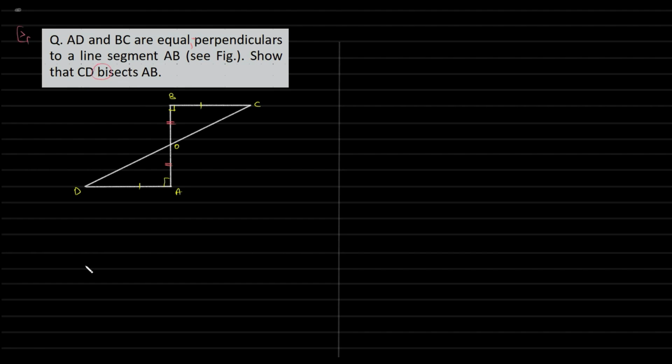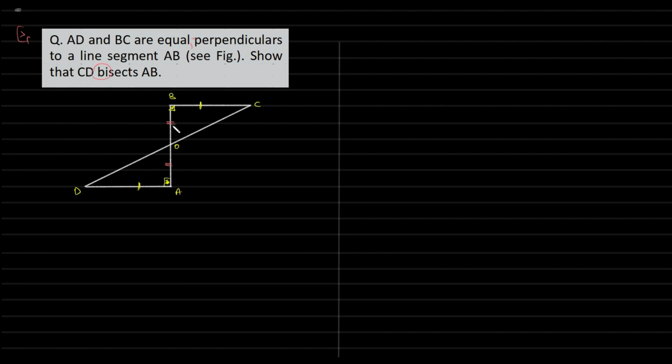So how can we prove this? What we have in front of us is a 90 degree and another 90 degree. Then we have this being equal to this. And I need one more thing, either a side or an angle.